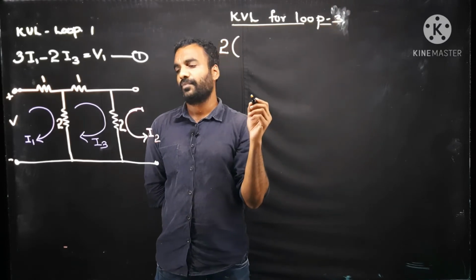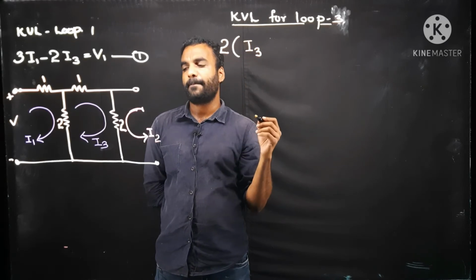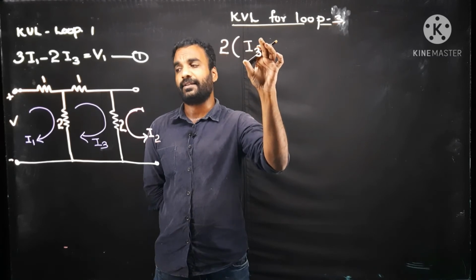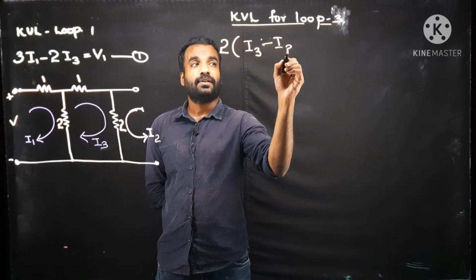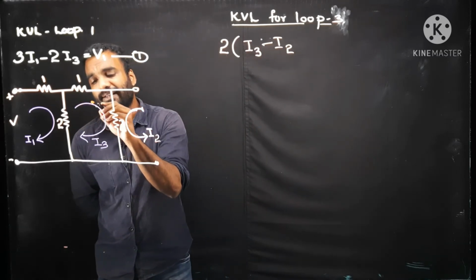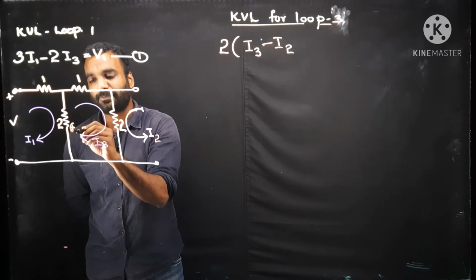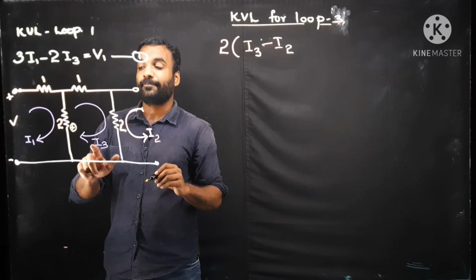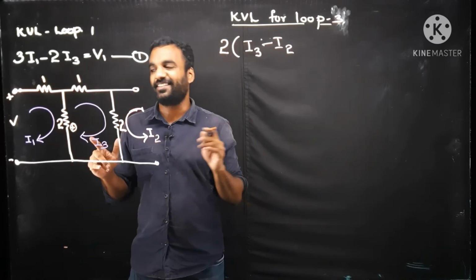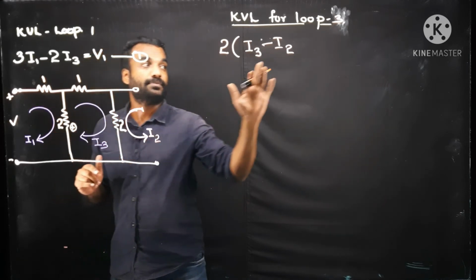Loop 3, 2 into I3, because you have to take I3 first, we are standing in I3, minus I2. Let me ask one thing. What is the logic of minus I2? Because this I3 is entering at this terminal for the 2 ohm resistor. So it is plus with respect to I3. But for the same resistor there is one more current. Which is that? That is this current, I1.